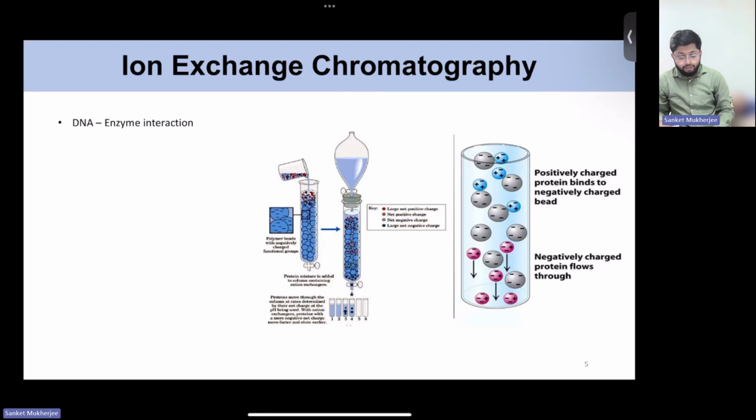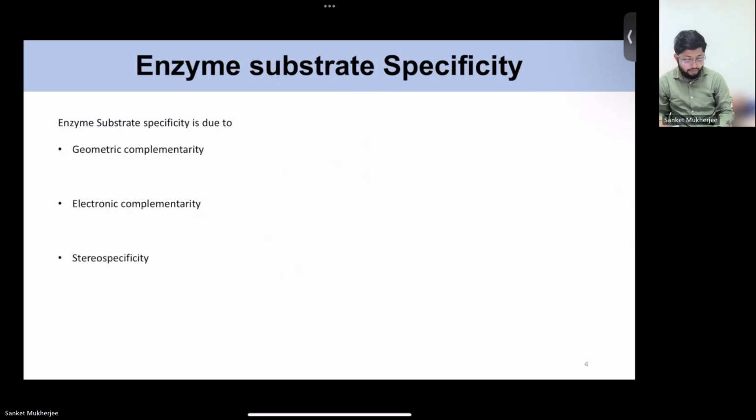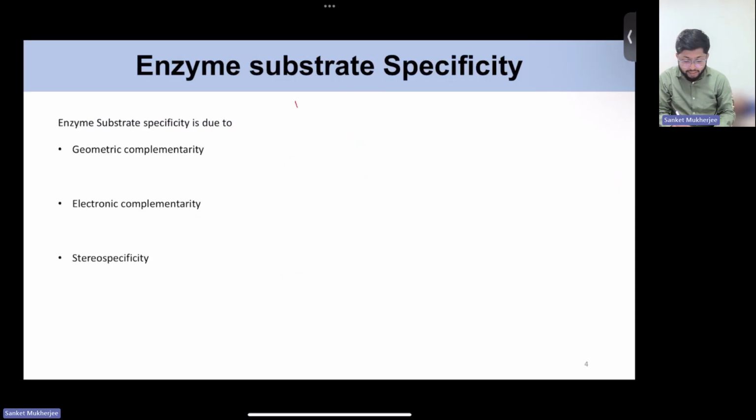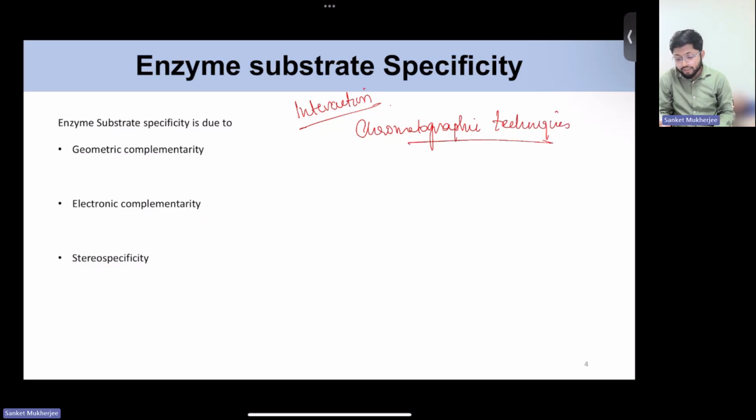Now, talking about the chromatographic techniques, to understand the interactions of enzymes and substrate, there could be chromatographic techniques. We have techniques like ion exchange chromatography, where we can figure out the interaction between two different sets of ions.